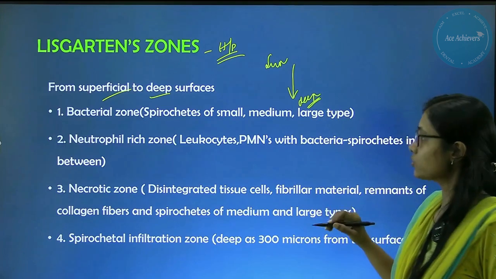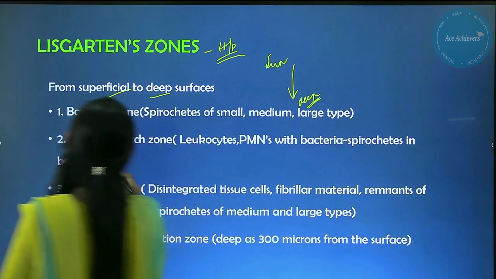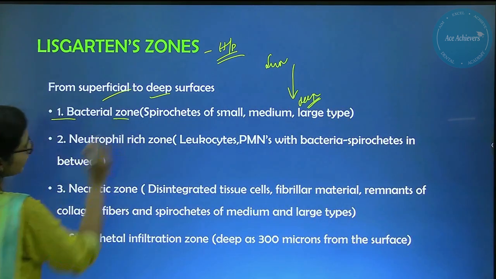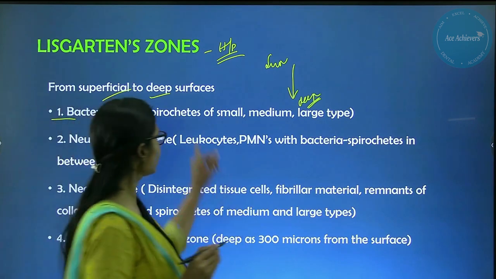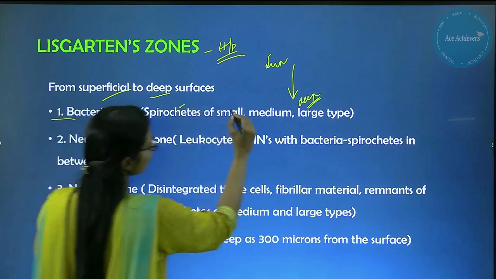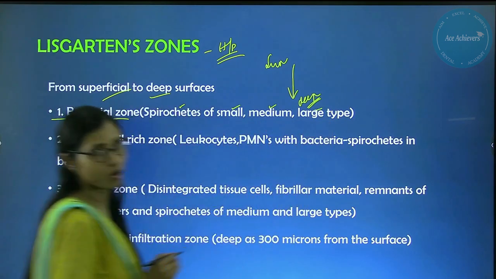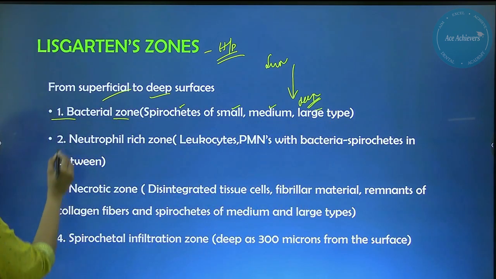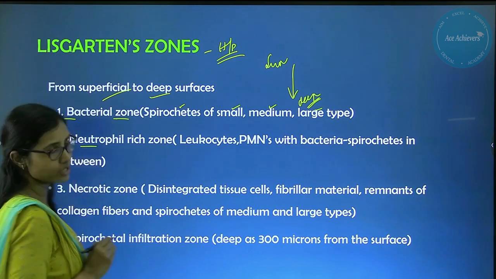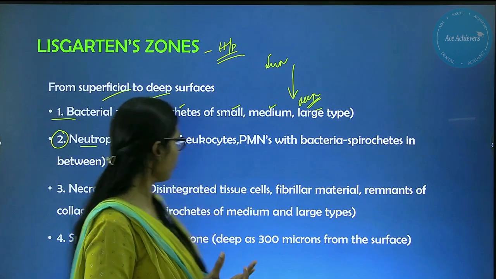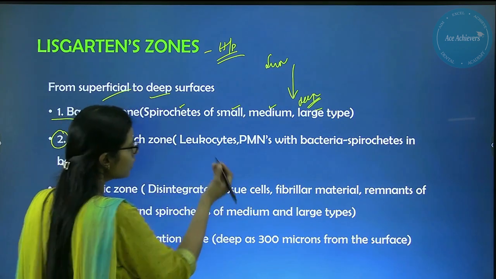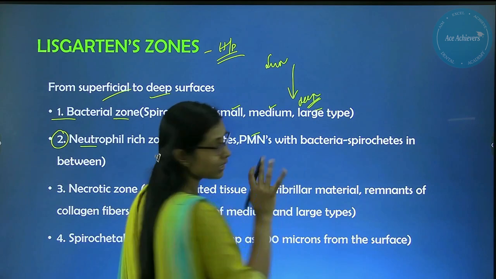When you see histopathologically, the first zone which we can appreciate is the zone of bacteria. Here we can see spirochetes, which could be of small, medium and large type. The second zone is the neutrophil rich zone, where you can see all the leukocytes, PMNs with bacteria interspersed.